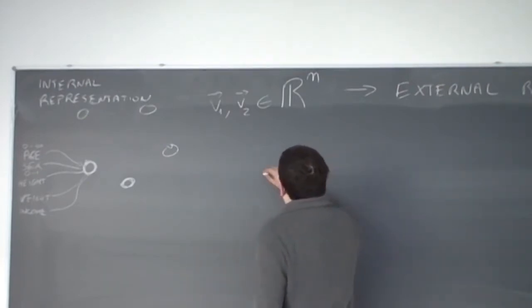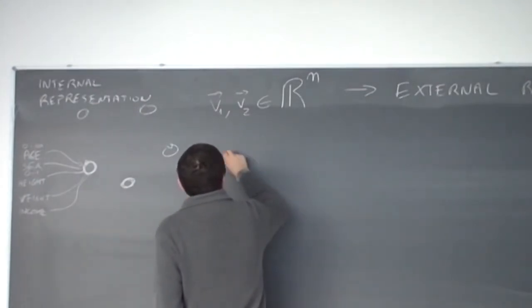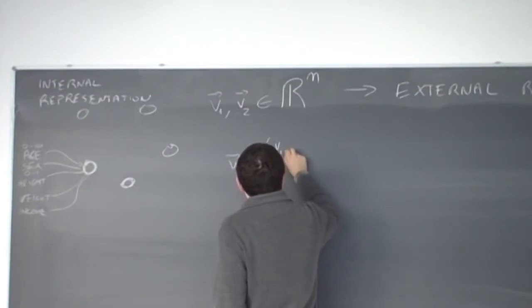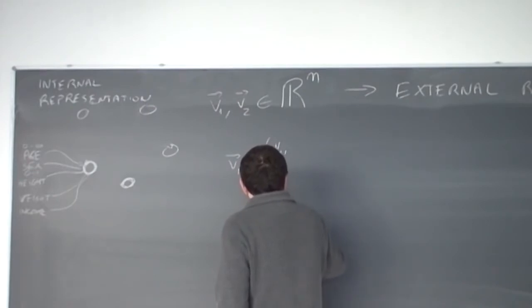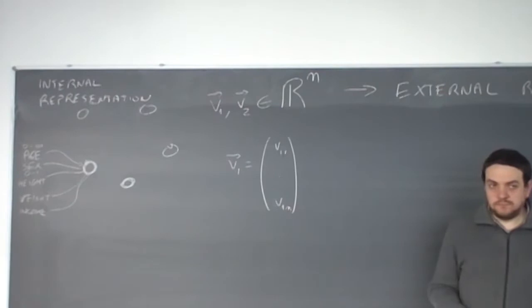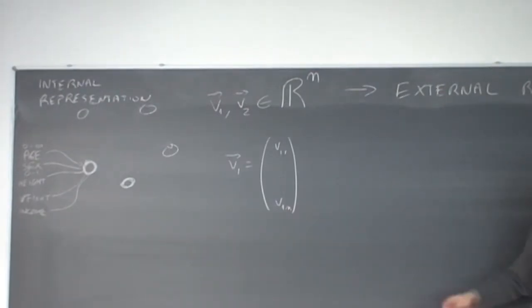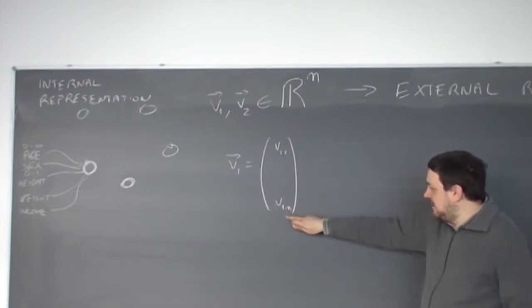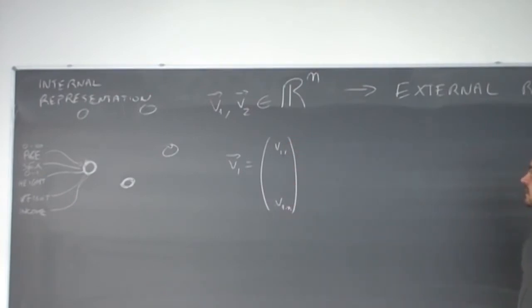So V1 is V1,1 up to V1,n. So the vector is actually an n-tuple of numbers.